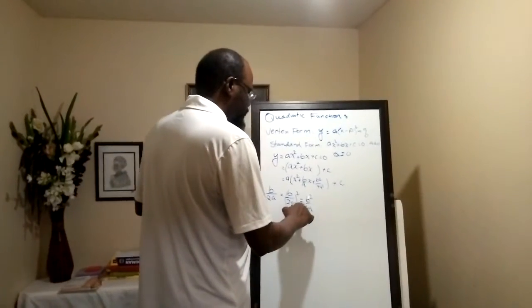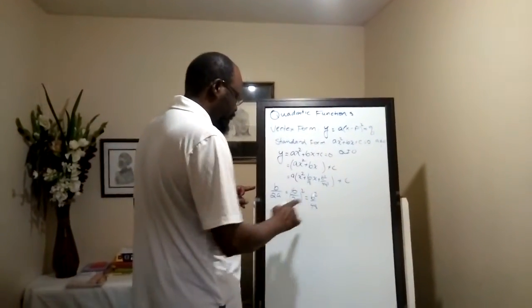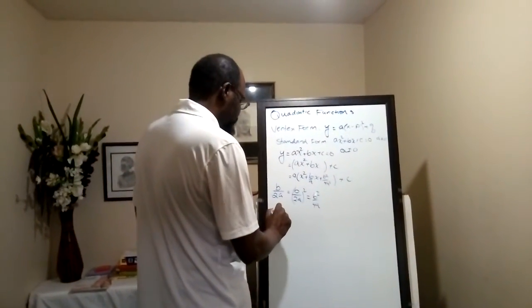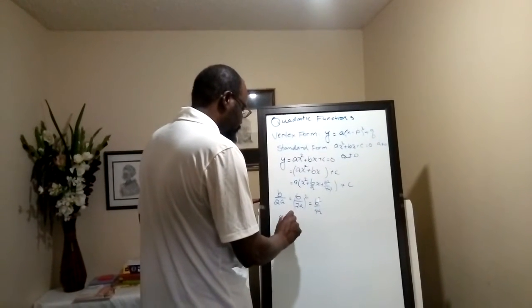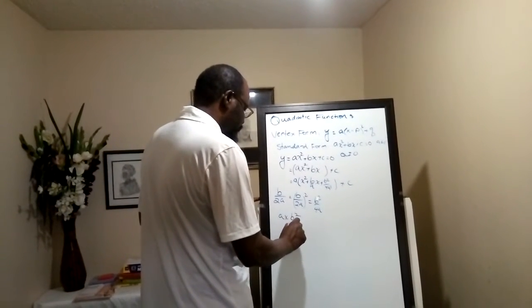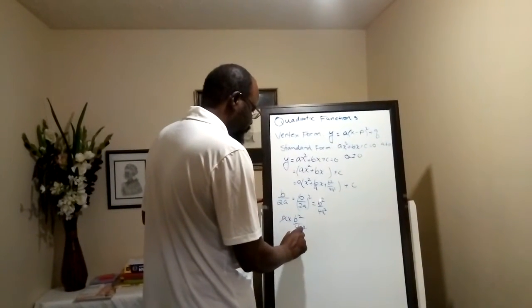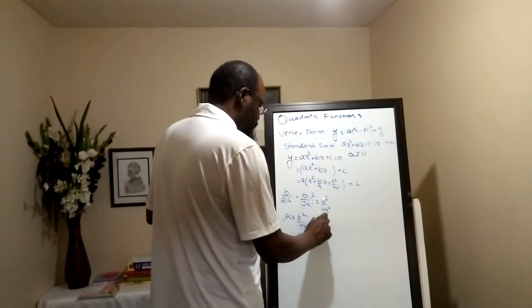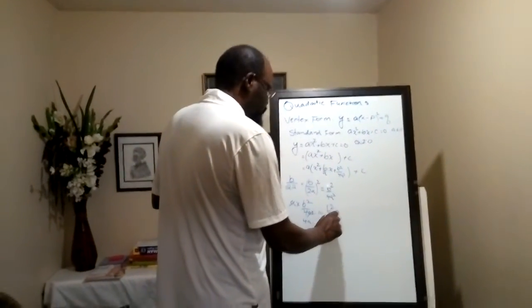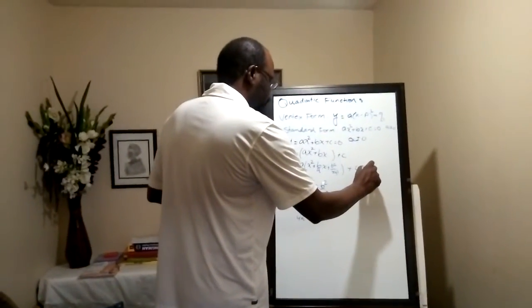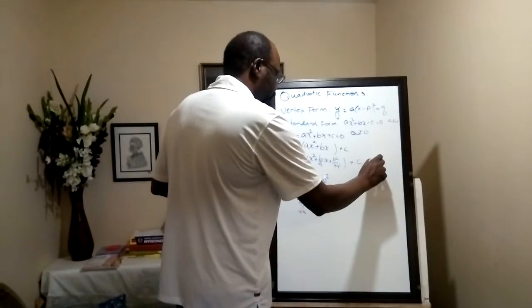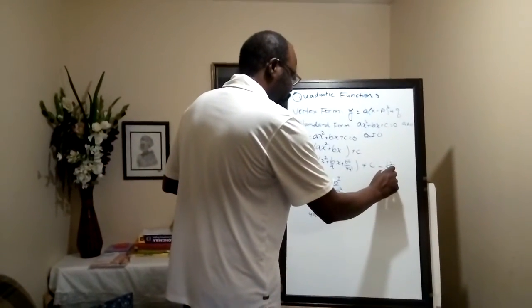Before subtracting it outside, we multiply it by a: a times b squared over 4a squared, one a cancels, leaving b squared over 4a. We subtract that.